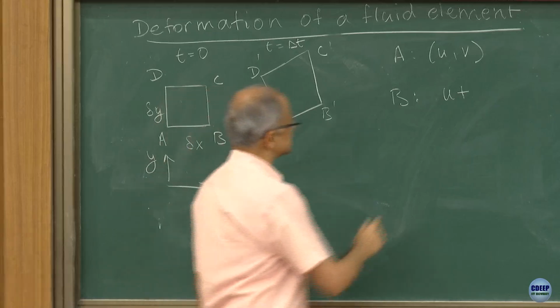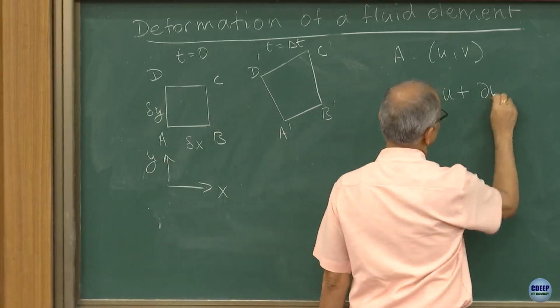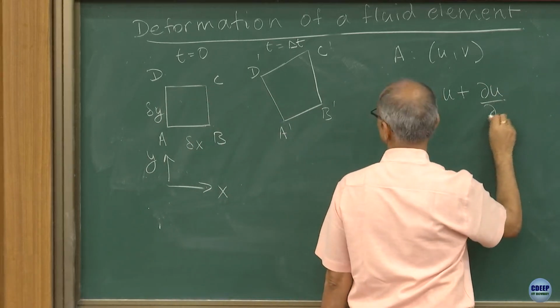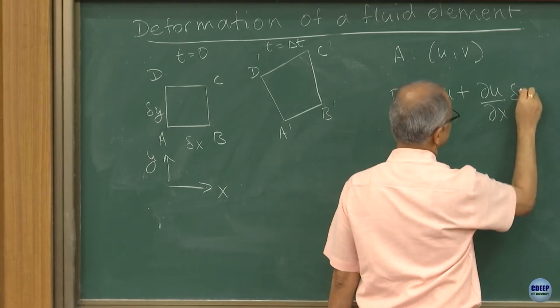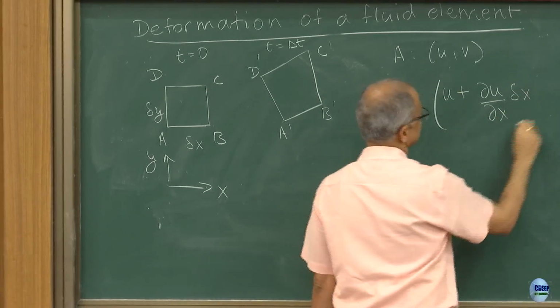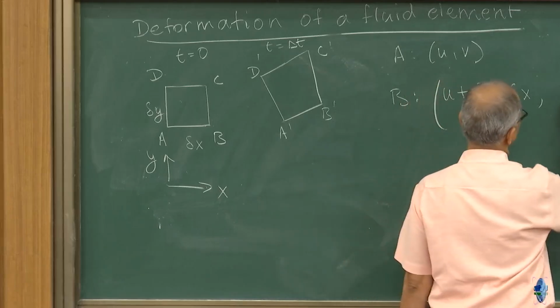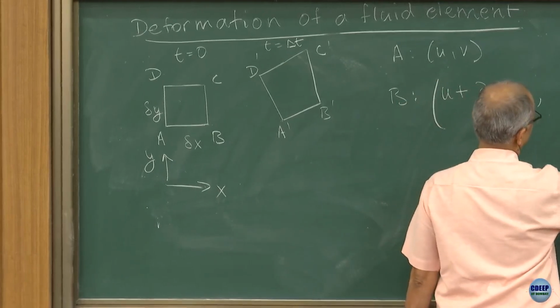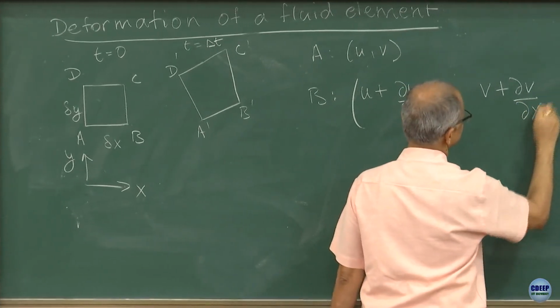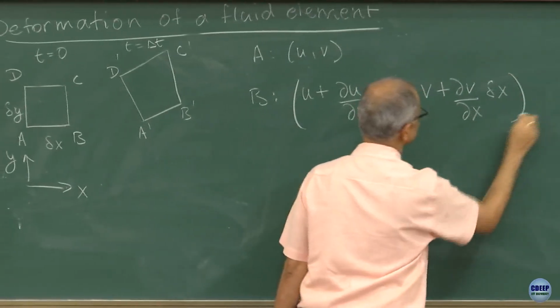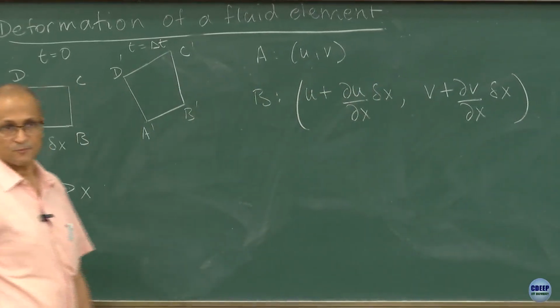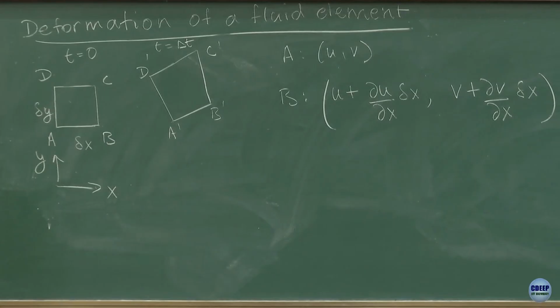So I say that this is u plus ∂u/∂x times delta x, comma v plus ∂v/∂x delta x. Okay, everybody with me?